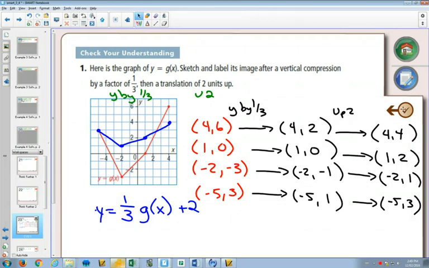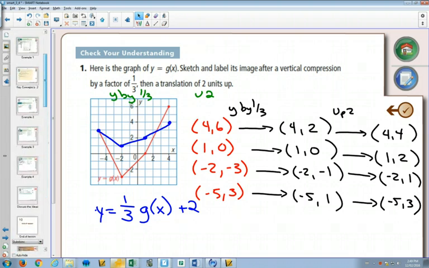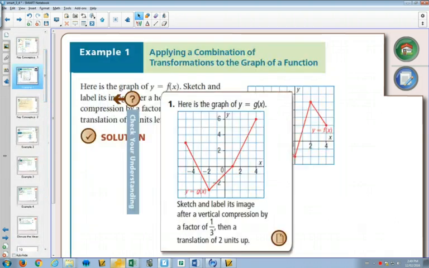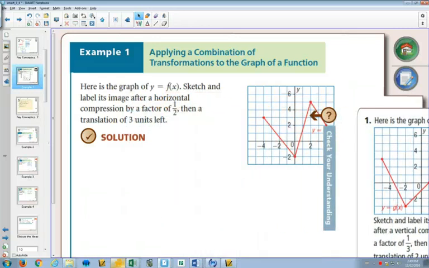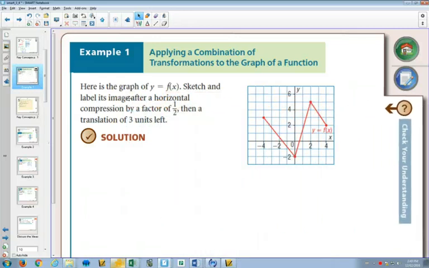Now something special happens when you do horizontal stretches and compressions and horizontal translations. So we're going to look at the example that was pre-done for us as well, and just work through it and see what happens.